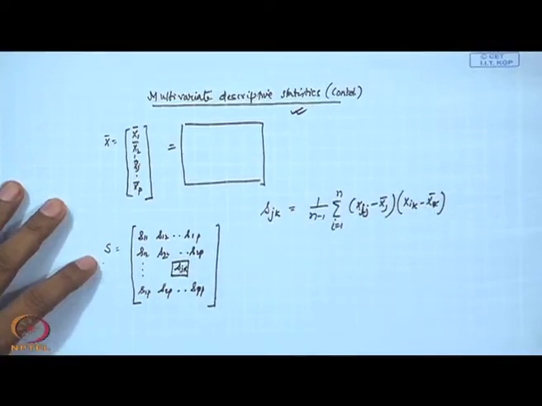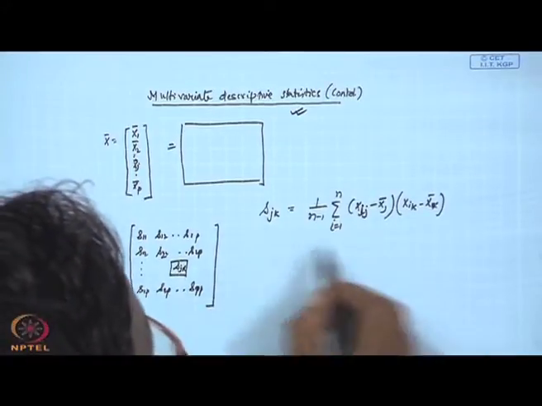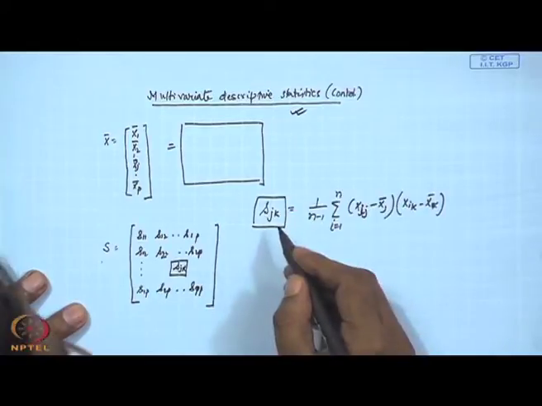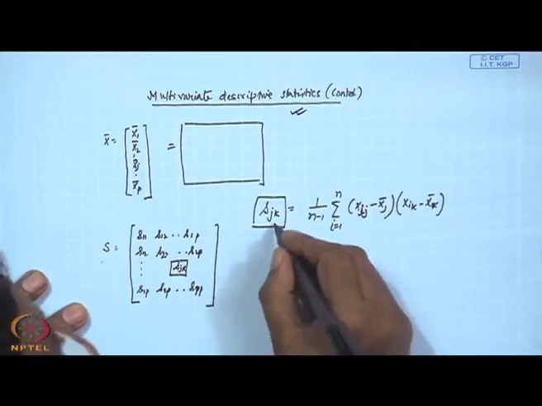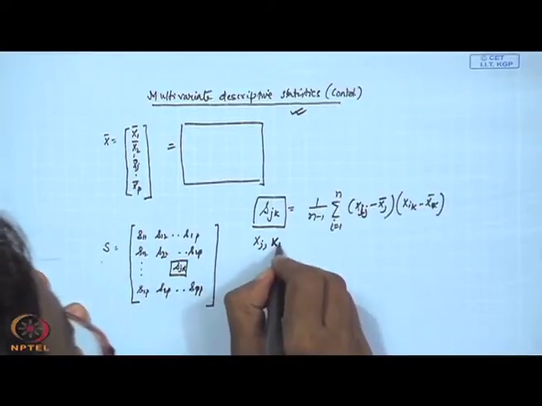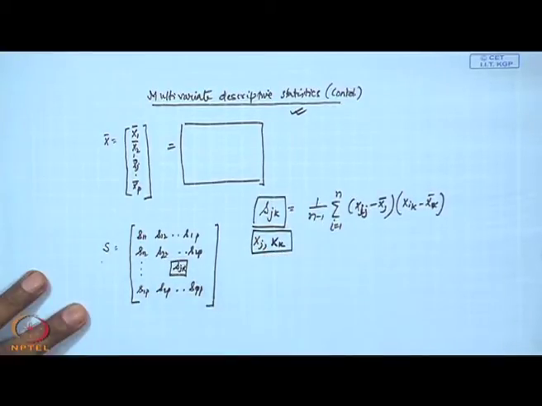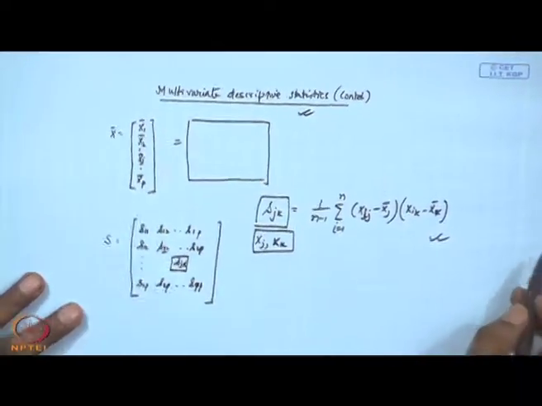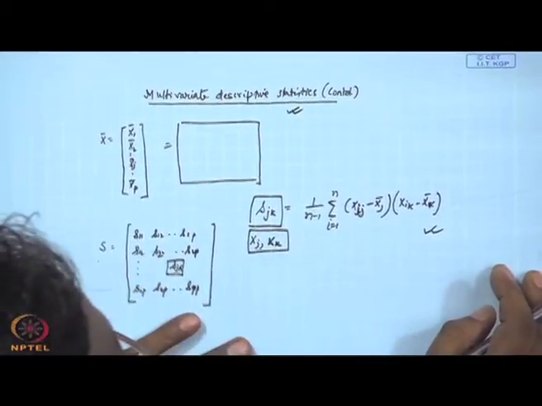Good afternoon. We will continue multivariate descriptive statistics today. Last class I gave you S_jk, the formula to compute the covariance between two variables x_j and x_k, and this is the sample covariance computation formula.